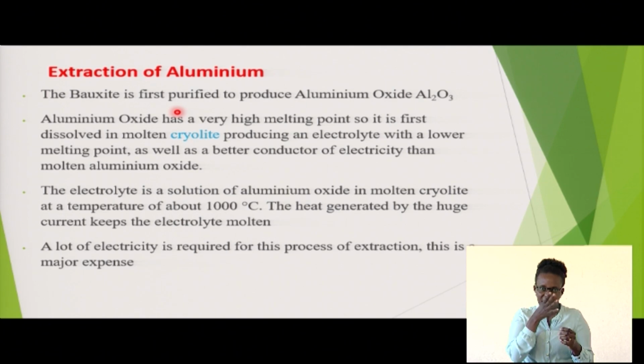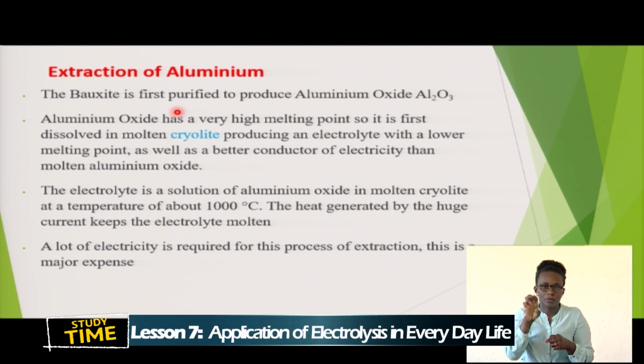So we can move on to the extraction of aluminum. Most of the iron sheets, the electrical transmission cables, the high-grid transmission cables are made of aluminum. The boards of the aircraft are made of aluminum. Most of the roofings are made of aluminum.